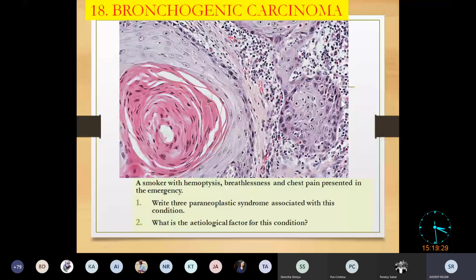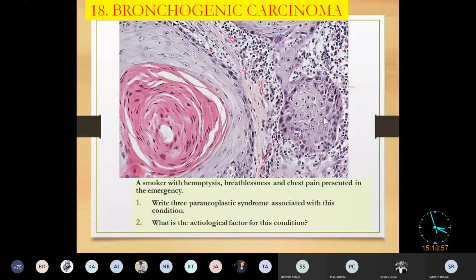So here you can see these are nests of malignant cells. They look like squamous cells. They are infiltrating into the stroma, and these tumor cells show pleomorphism. Are they looking identical?